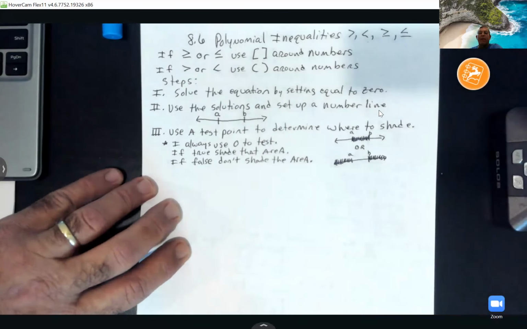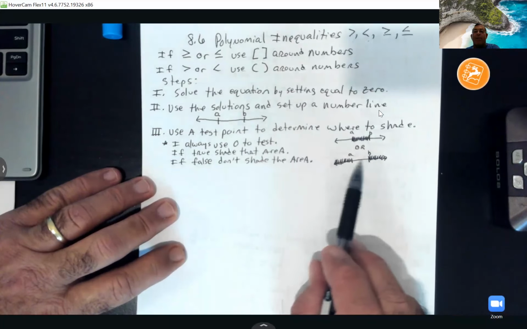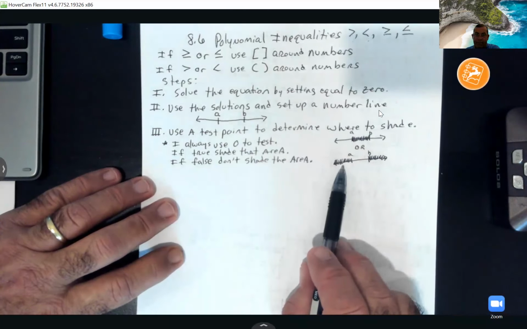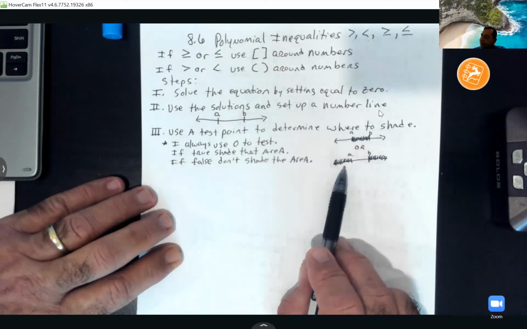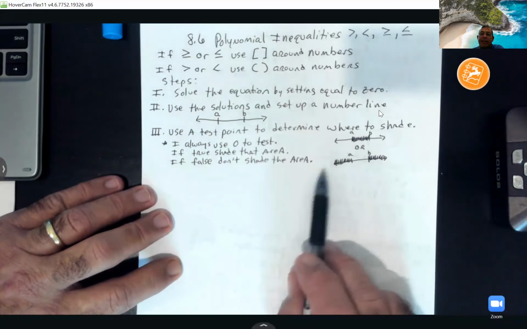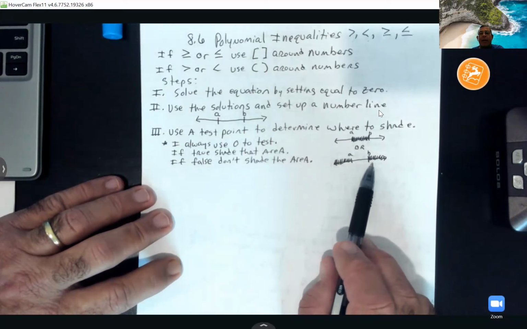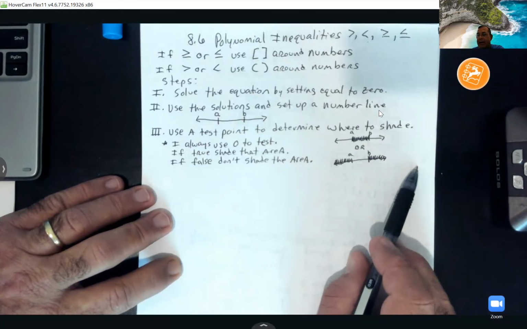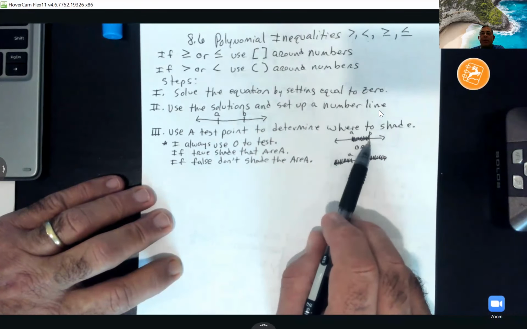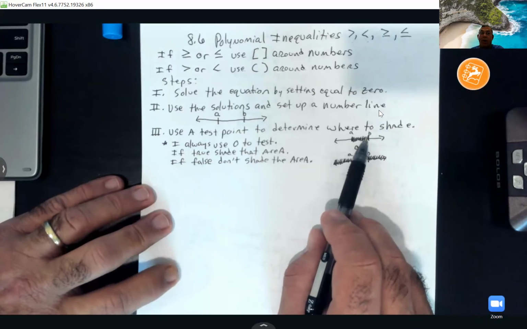So it's either going to shade in between or it's going to shade both ends. If it shades the ends, these will start at negative infinity, go to the first number, and then union from the second number to positive infinity. If it only shades in the middle, it's going to go from the first number to the second number only.